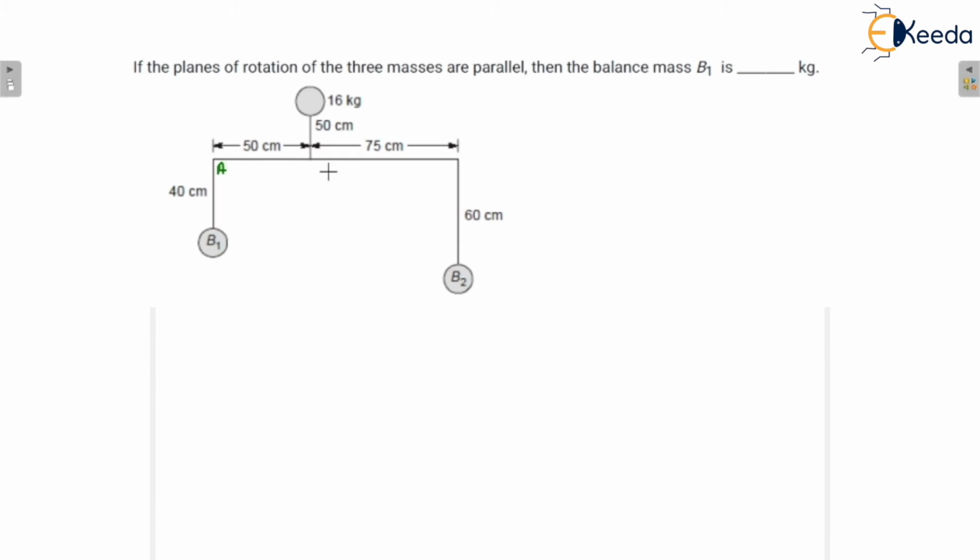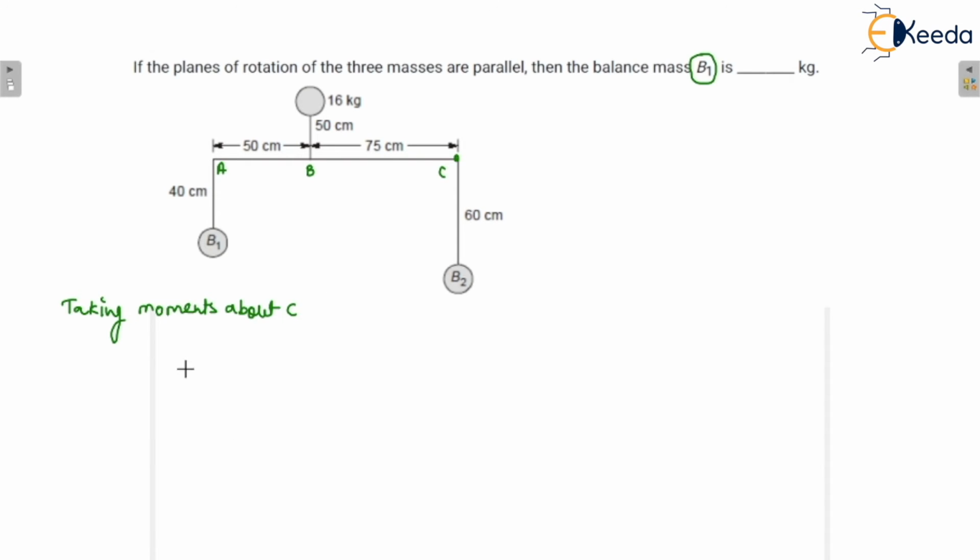Let us assume that this is point A, this is point B, and this is point C. Because we have to find the balance mass B1, we can take moments about point C. Taking moments about C, you can calculate B1.